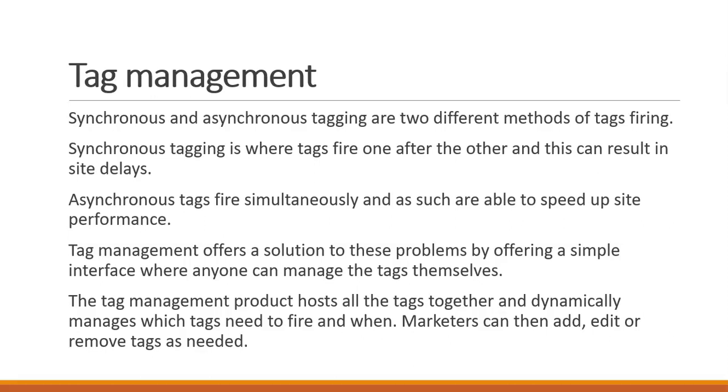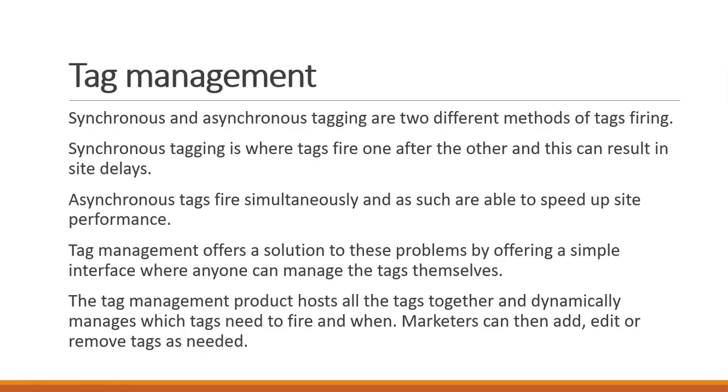And you have to wait for each tag to fire before the next one does. This can cause your site to take time to load, where asynchronous tags all fire at the same time and your site loads and there is no noticeable slowdown.